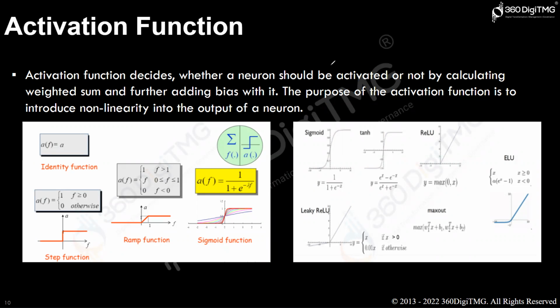So what is meant by ReLU? ReLU is nothing but a rectified linear unit. The other form of it is ELU, the exponential linear unit, and then the softmax form.